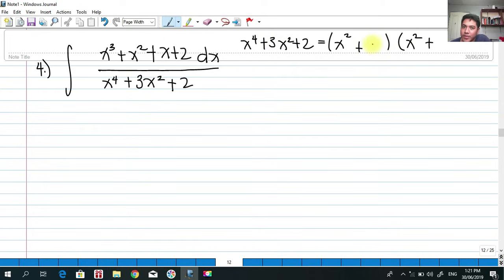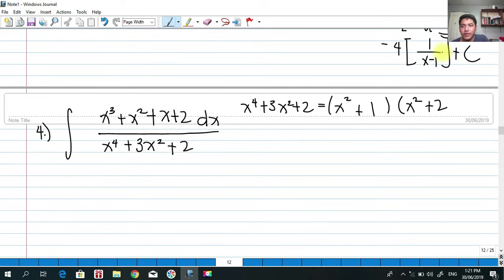Let's try x squared plus 1 and x squared plus, let's say, 2. Are we correct? If we use the FOIL method, we should arrive at this answer. First, x raised to 4, that's correct. Outer and inner, 2x squared plus x squared, that is 3x squared, and last, 1 times 2 is 2. So we got the correct factors here.